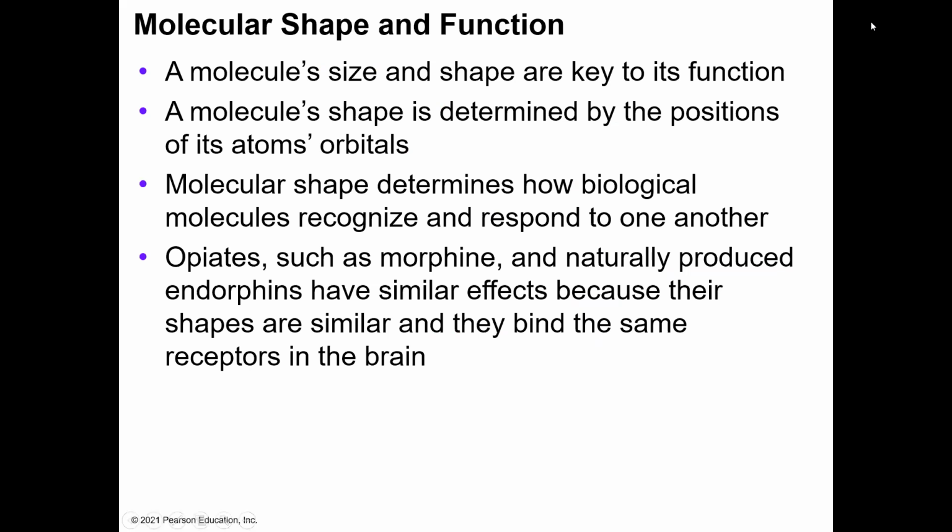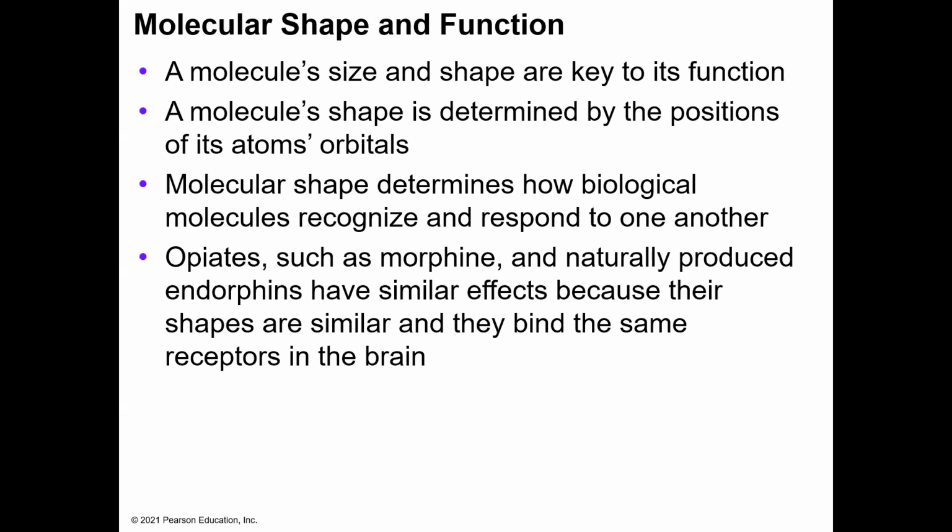One of the things that we need to talk about is how molecular shape and function go hand in hand. This goes back to one of the themes of biology, that structure helps determine function. A molecule's size and shape are key to its function. A molecule's shape is determined by the position of the atom's orbitals, or in other words, the positions of the atom's electrons.